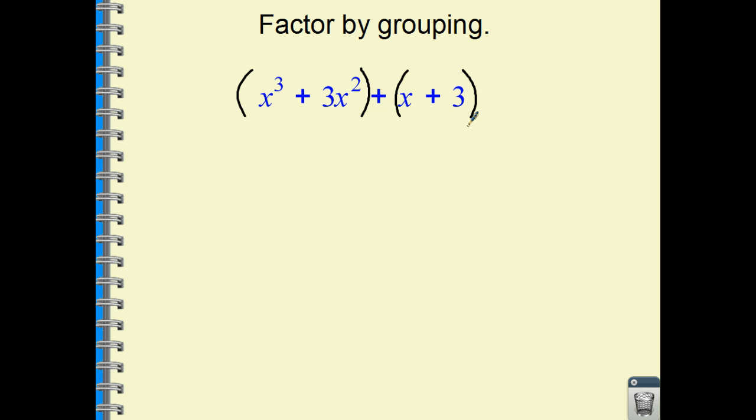And then see if there's anything that I can factor out of either one of those binomials, anything that they both have in common. Well, in the first binomial, I have a 1 coefficient and a 3, so I can't really take anything out of there because the greatest factor would be 1. How about the x's?